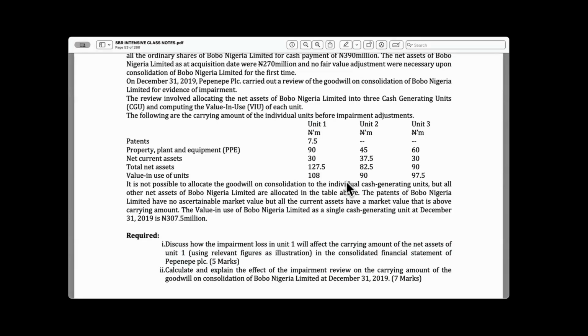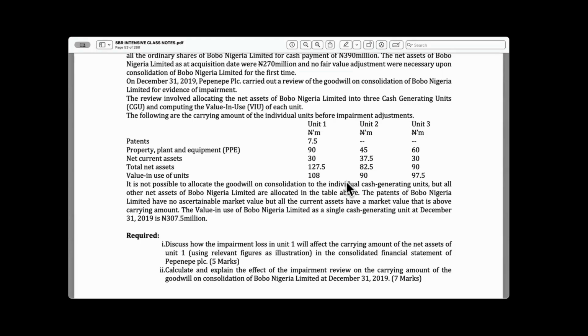The way we allocate it is, since the patent has no market value, it has been totally impaired, so we remove the 7.5 in total. That is the first asset we impair. Then the balance goes to the PPE, since it is the only asset left in that CGU, unit one.